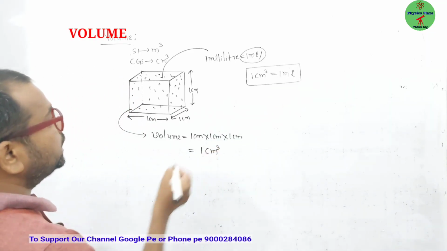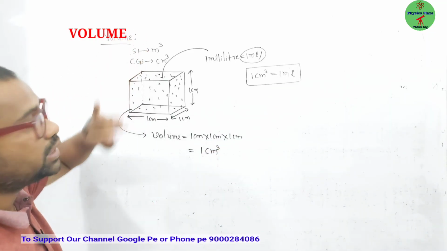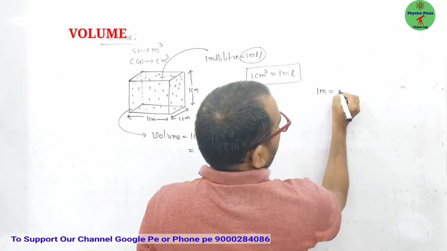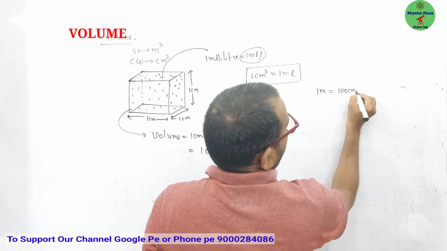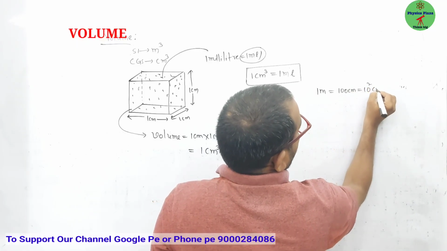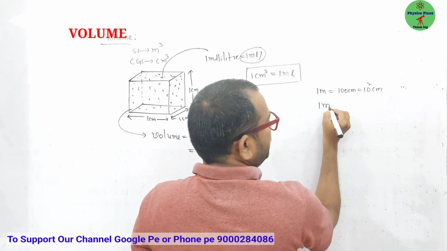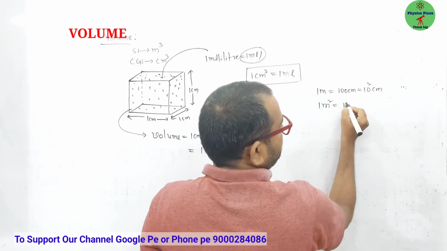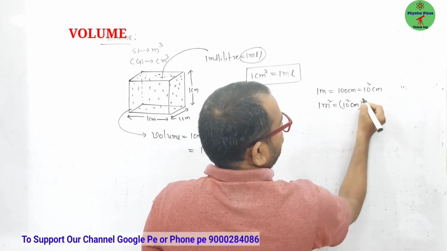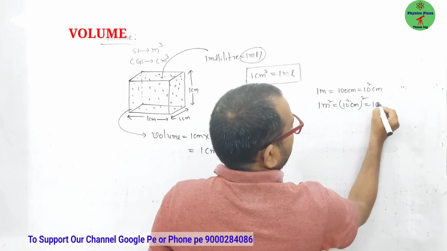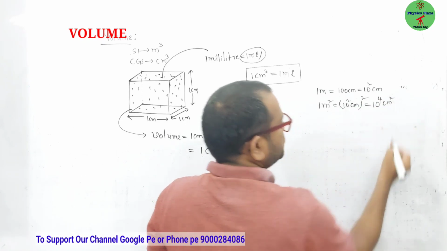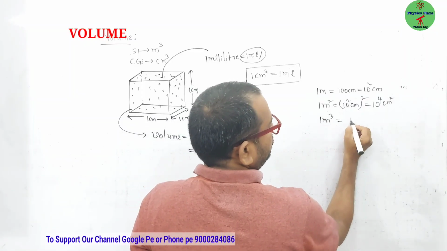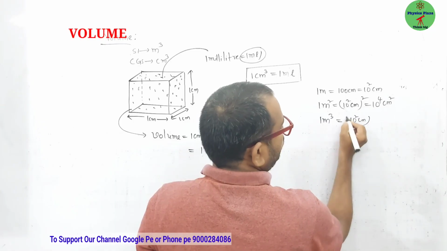Okay, fine. And let me also tell the conversion of meter cube to centimeter cube. Children, we know that 1 meter is equal to 100 centimeters, which can be written as 10 square centimeter. Whereas 1 meter square is equal to, squaring this side also, 10 square centimeter whole square. This is going to be 10 power 4 centimeter square. 1 meter cube is equal to, children, try to understand, 10 square centimeter cube.